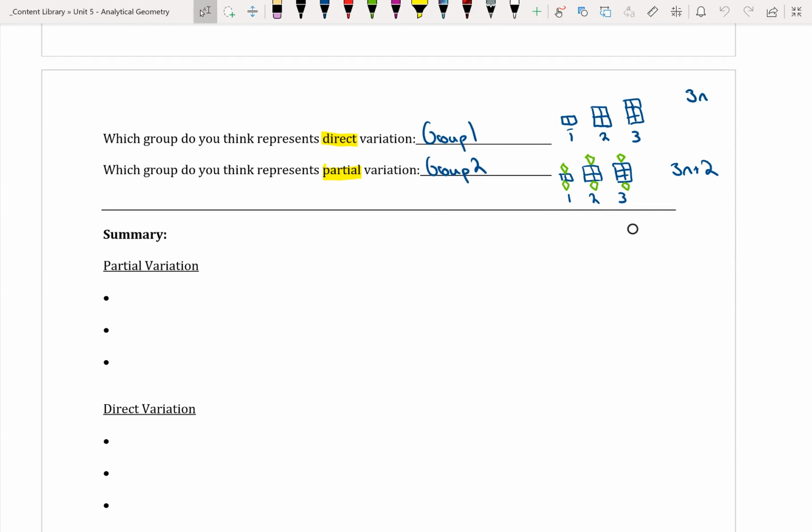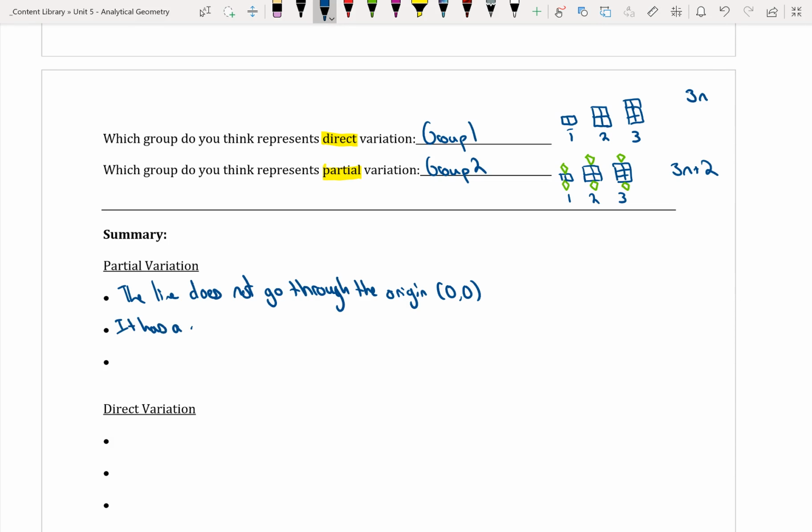So, just a summary for partial variation. Partial variation means that the line does not go through the origin, or the point (0, 0), which means it has a y-intercept other than 0, or in other words, it has a constant in the equation.